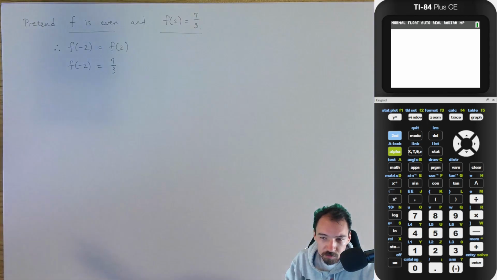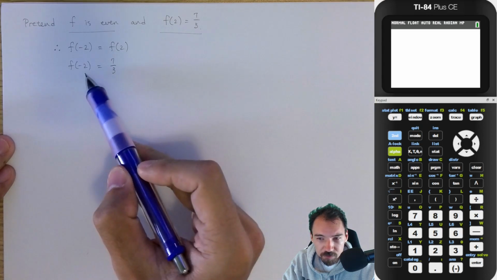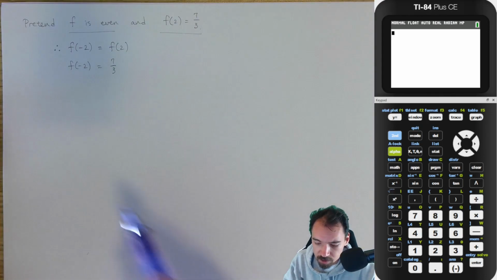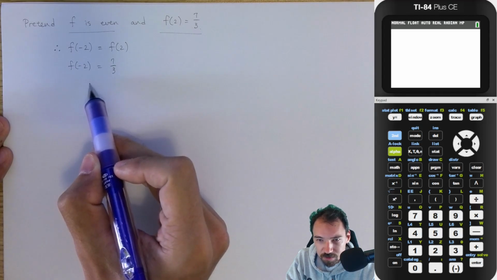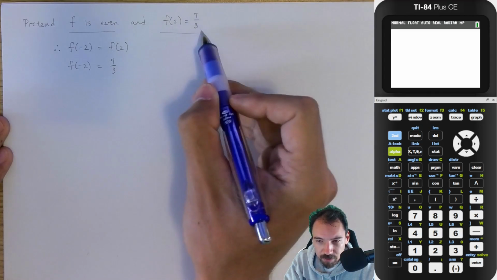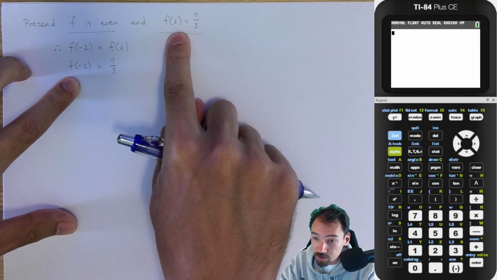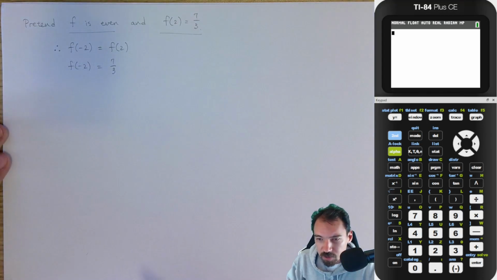Assuming that it was just as complicated to figure out f of negative 2 by brute force, imagine a supercomputer having to use all this computing time. Just because f is even, I get this buy one get one situation, where since I know a y value here, I can leverage that information to get a y value for a different x value.